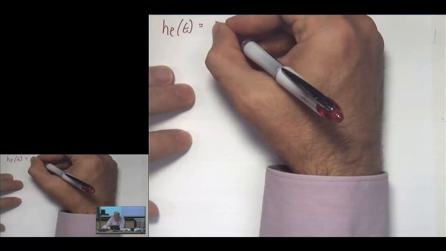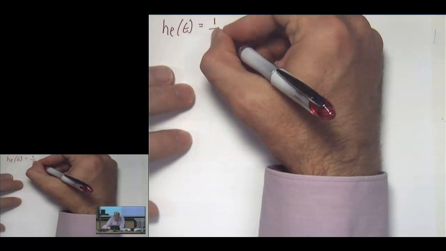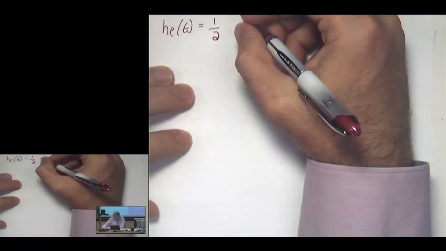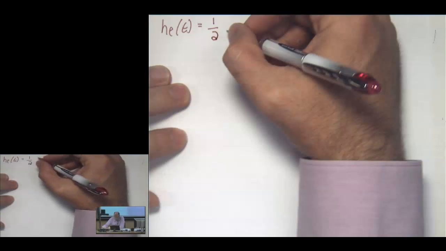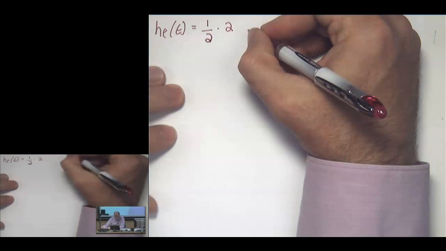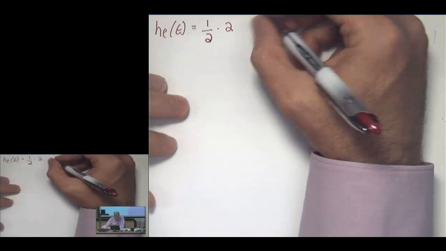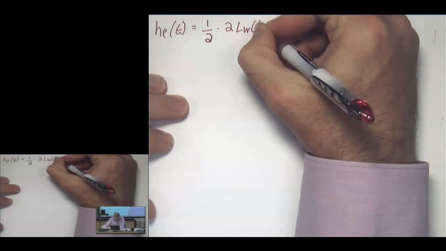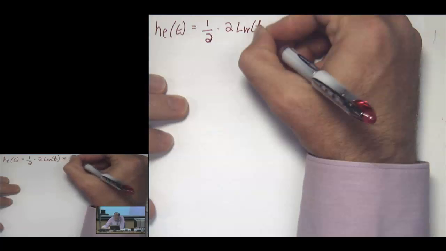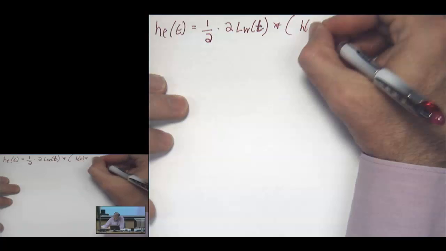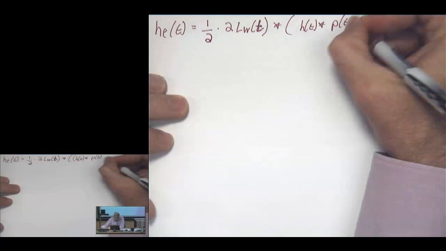So remember, there's a scaling by 1/2 here. That's the 1/2 from going from H_B to H_E. And then there's the scaling of 2, which comes from the fact that when we multiply by sine and cosine, we pick up a 1/2 there that we have to correct for. And this is our low-pass filter. Sorry, I should be writing this in the time domain. It's t. Convolving our impulse response, which is convolved with our passband filter in the time domain.